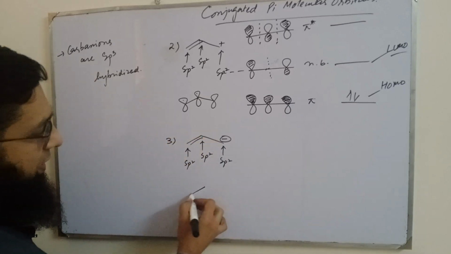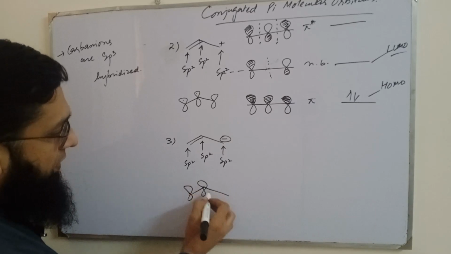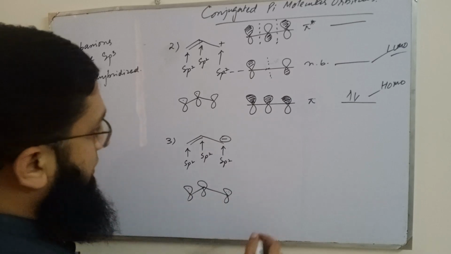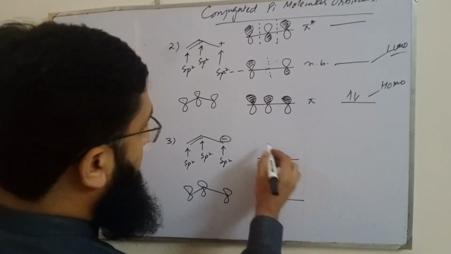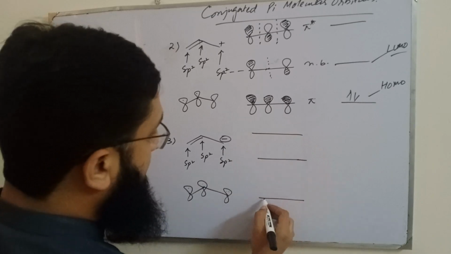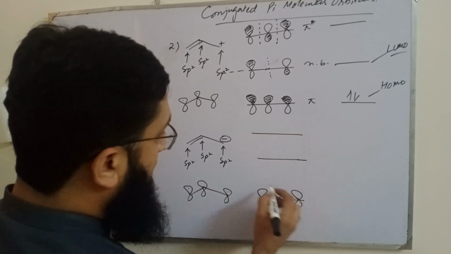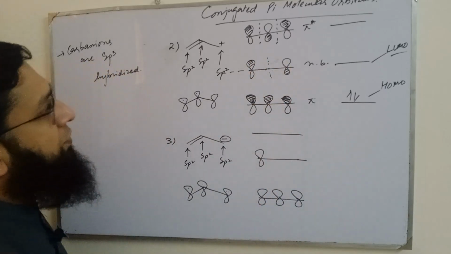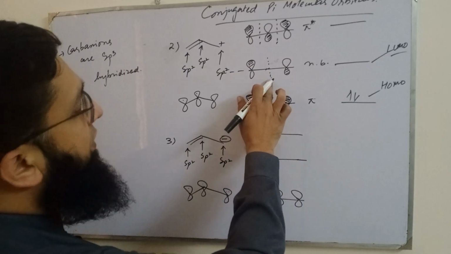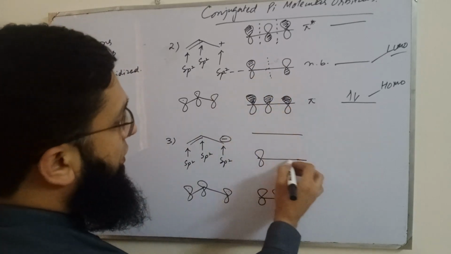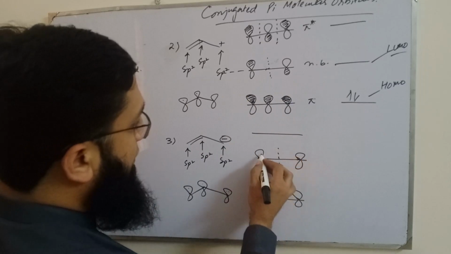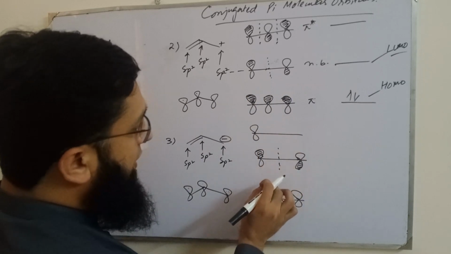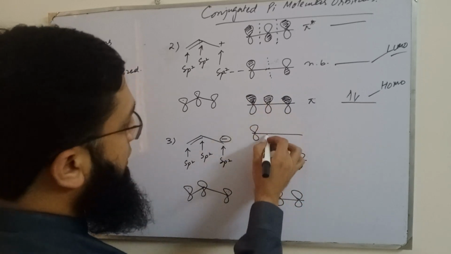So we have again 3 p orbitals, electrons, and again 3 molecular orbitals. Here again we will omit the central orbital due to the symmetry issue, because we cannot create symmetry in the middle, therefore it would be eliminated, and we will have a node here, but we will leave the space for an orbital.